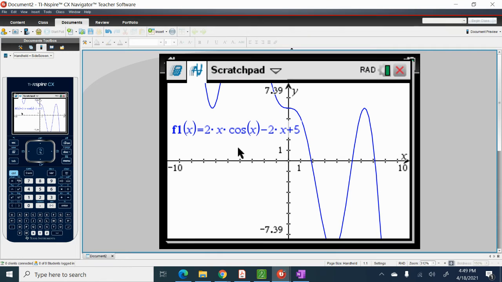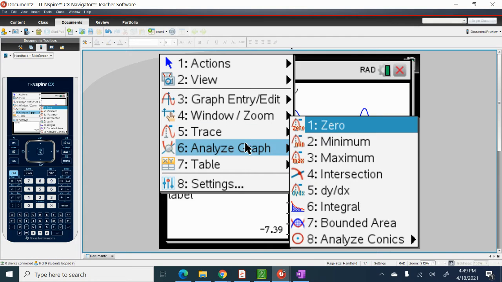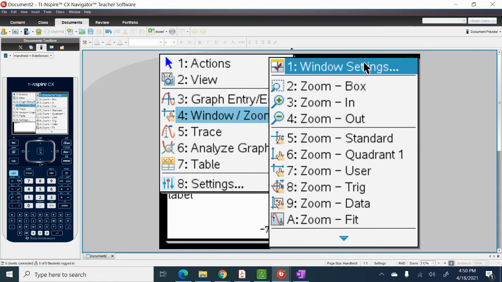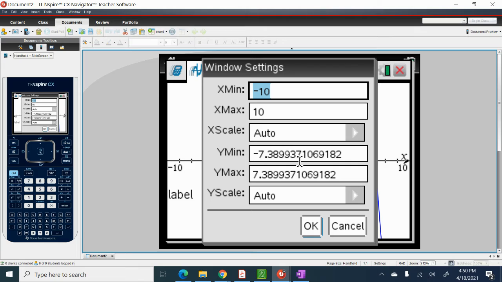What I have already done is put the function into F1. Now I'm going to adjust my window because it said I'm only allowed to be between 0 and 7. So I'm going to go to menu, window zoom, window settings, from 0 to 7, and then click OK.